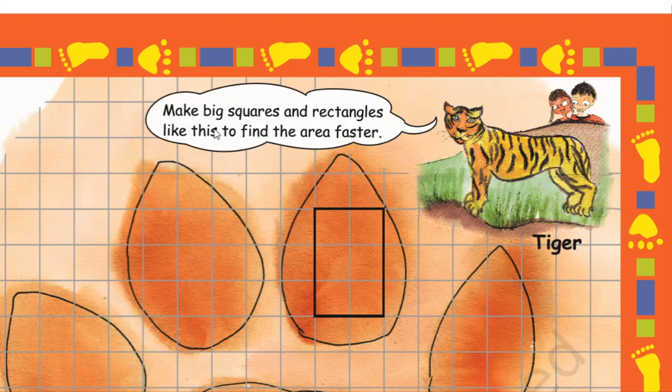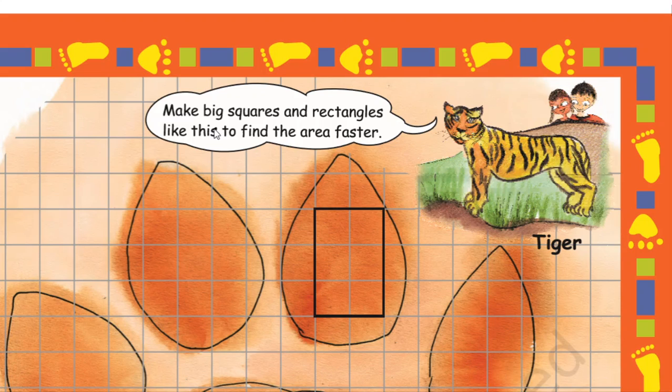So here, make big squares and rectangles like this to find the area faster. You just identify the largest squares and largest rectangles within the footprint. As we know how to find the area of a square and area of a rectangle.